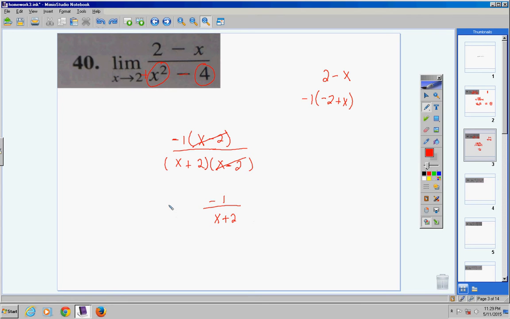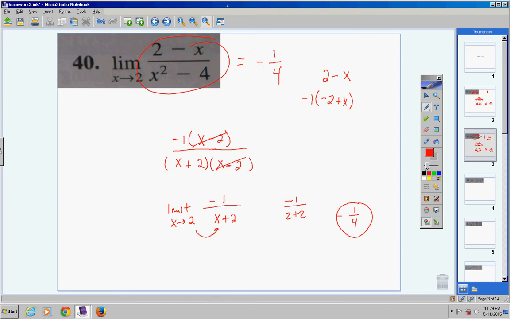The limit of this function here as x approaches 2. So where the x is, I'm going to put a 2. So negative 1 over 2 plus 2. That's negative 1 over 4, or negative 1/4. So the limit of this expression here as x is approaching 2 is negative 1/4.